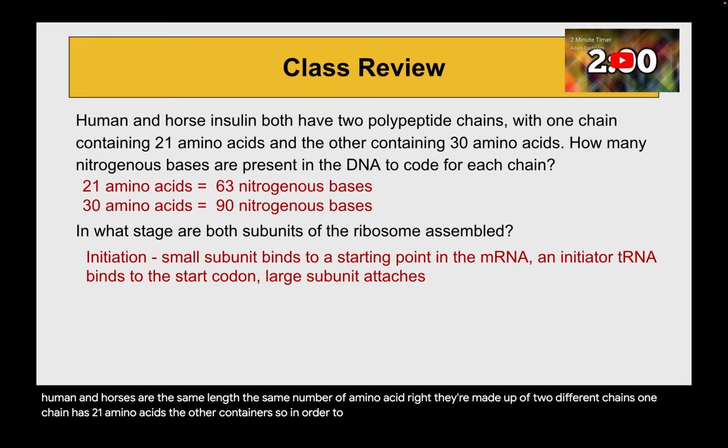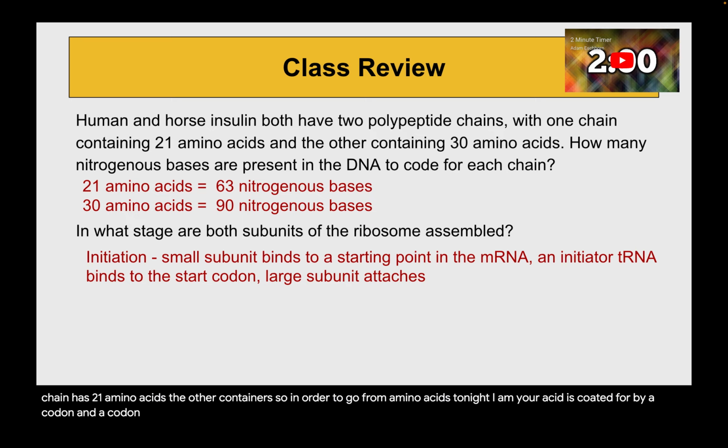So, in order to go from amino acids to nitrogenous bases, right, an amino acid is coded for by a codon, and a codon consists of 3 nitrogenous bases. Right? So for each amino acid, there's 3 nitrogenous bases. I multiplied 21 and 30 respectively by 3 to get our numbers.